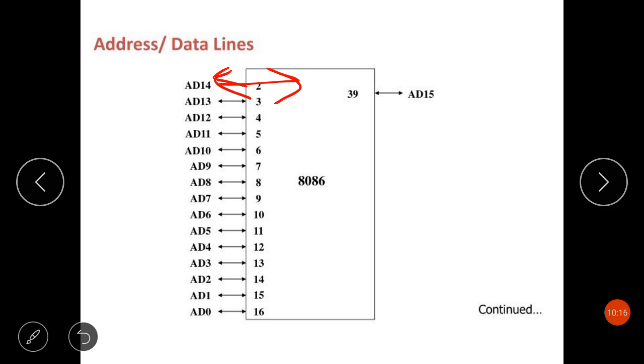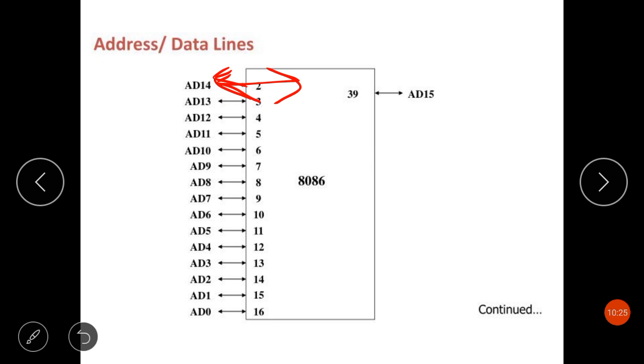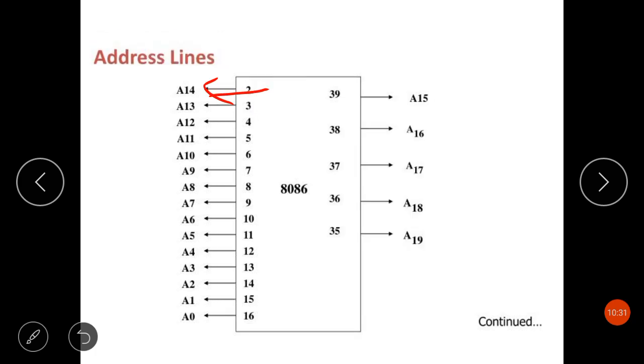So this is the sign of a bidirectional pin. These are the bidirectional ones. As the address data bus is a bidirectional pin, and here the address is a unidirectional pin, because only the microprocessor is going to send the address. No address will come into the microprocessor, so it is a unidirectional pin and the direction is outwards.